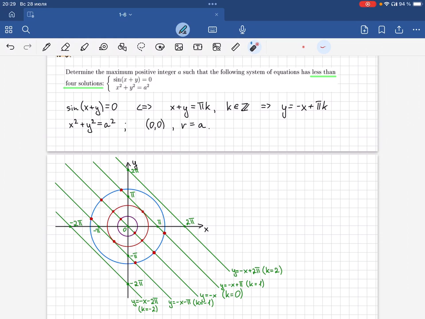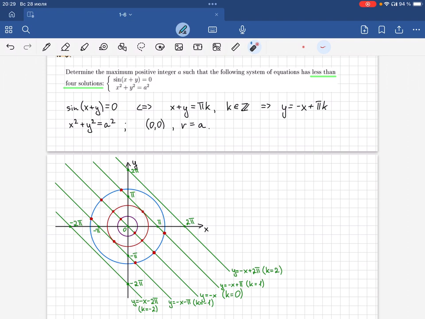Let's increase the radius. Increase a by a little bit, and we'll have this purple circle. We see that there are two solutions here, this one and this one. We can also change it by some small positive number, and we will still have two solutions.